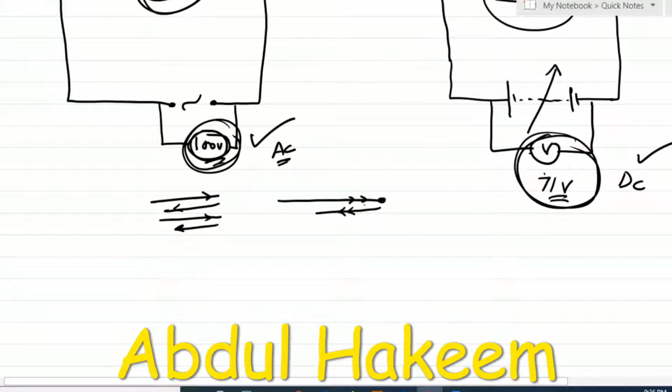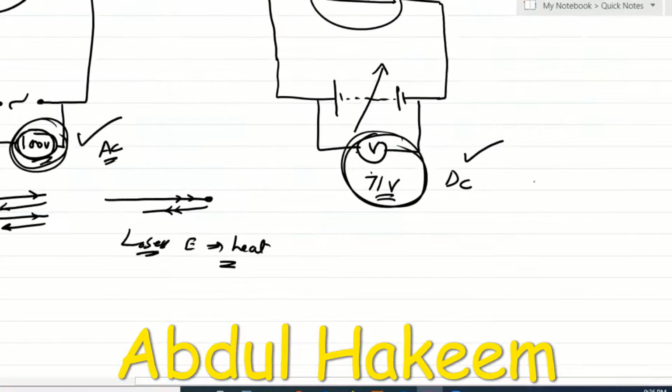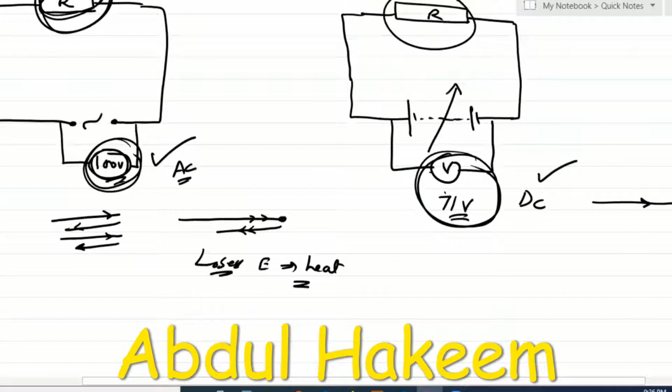So during retardation, during changing the polarity, it loses energy as heat. But in the case of direct current, there is no change of the polarity. It's going straight, so there is no such loss of energy. So this is the difference between alternating current and direct current.